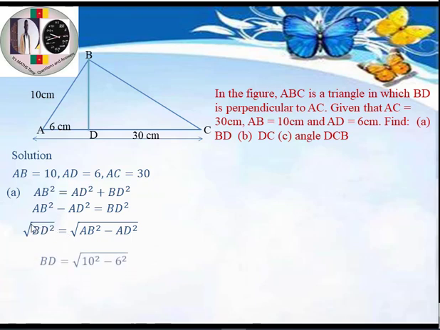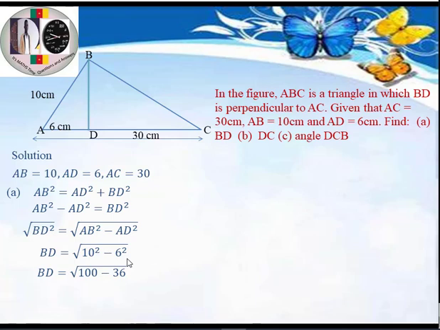So we are going to have BD equals the square root of 10 squared minus 6 squared, because we know AB is 10, so 10 squared for AB squared, minus AD is 6 from the diagram here, so 6 squared. So 10 squared is 100 and 6 squared is 36.